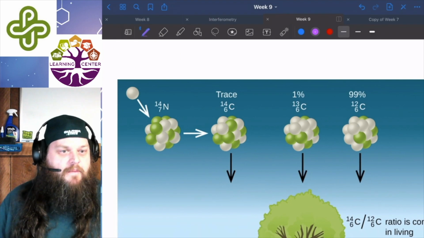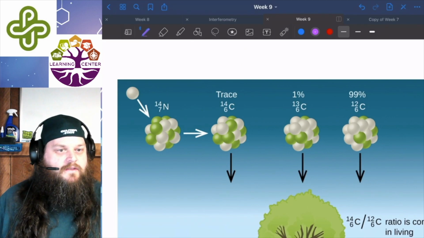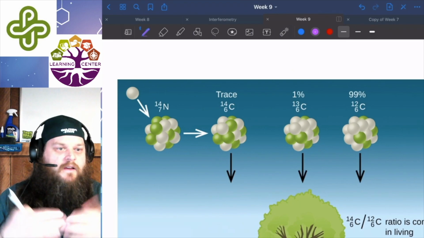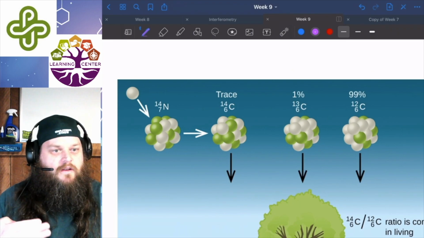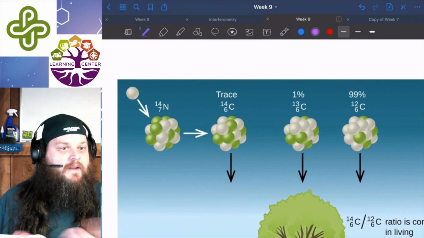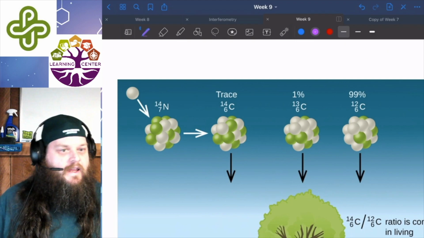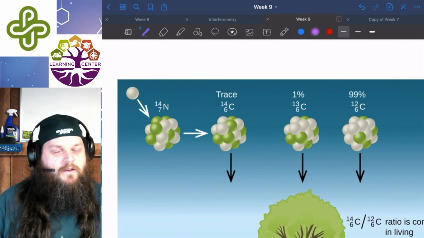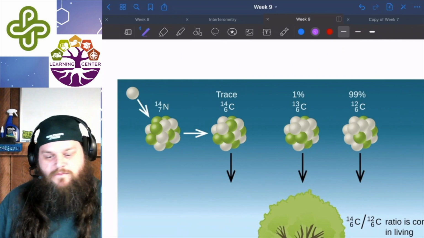Notice that what's happening there is we're taking one of those protons and turning it into a neutron. We can see that because they both are 14. Nitrogen-14 produces carbon-14. The main difference there is we're gaining a negative charge, turning a proton into a neutron.